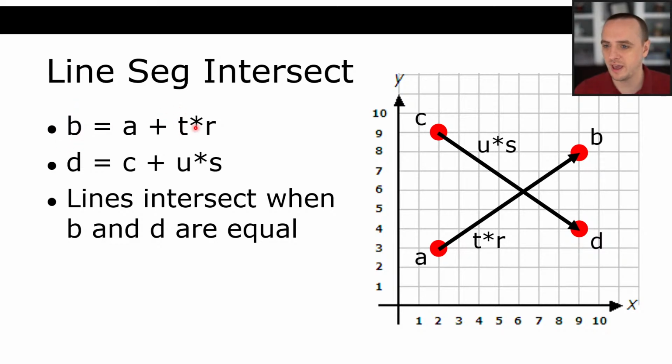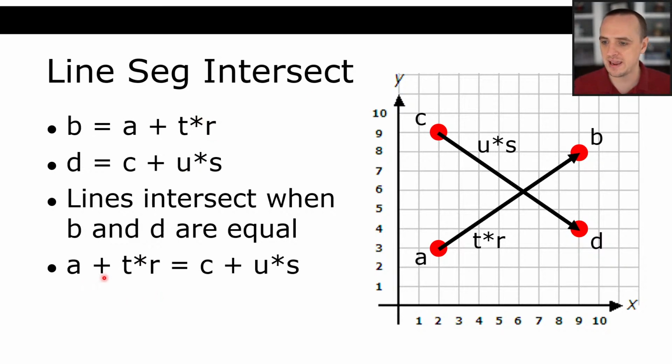So when we have the correct scalar values, B and D will be equal. So if we want to find where B and D are equal, then we'll assume that they're equal, and we'll take this value and set it equal to this value. Really simple derivation. So we have A plus T times R is equal to C plus U times S.